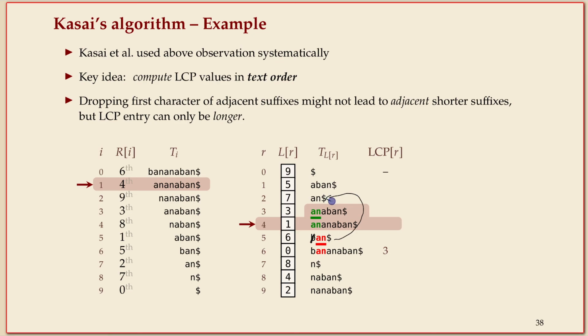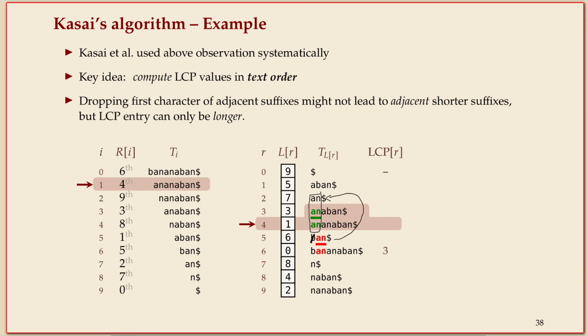Now, it's not the one that I actually compare it with, but all of these strings have AN as their longest common prefix. And so in this case, it happens what the previous slide said. There was another suffix that's smuggled between the two. But if it ever happens like that, the longest common prefix has at least this AN.